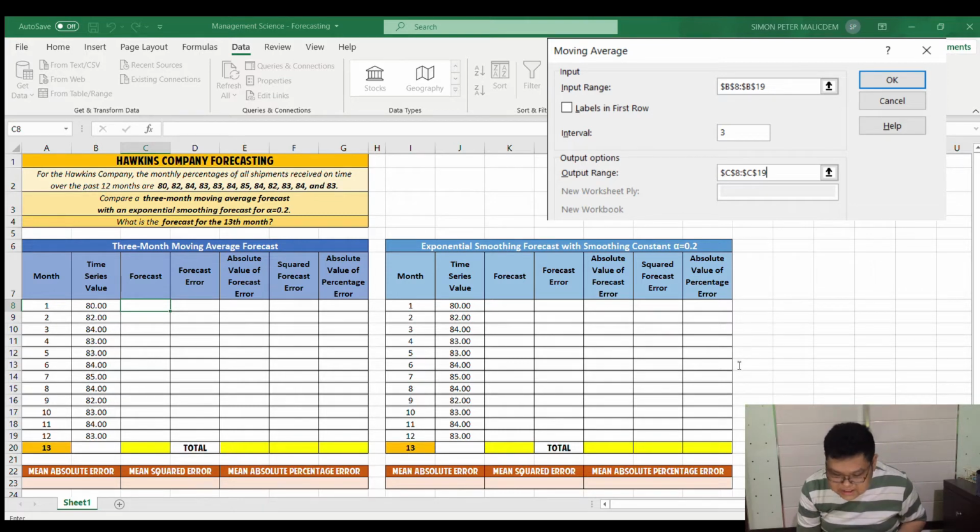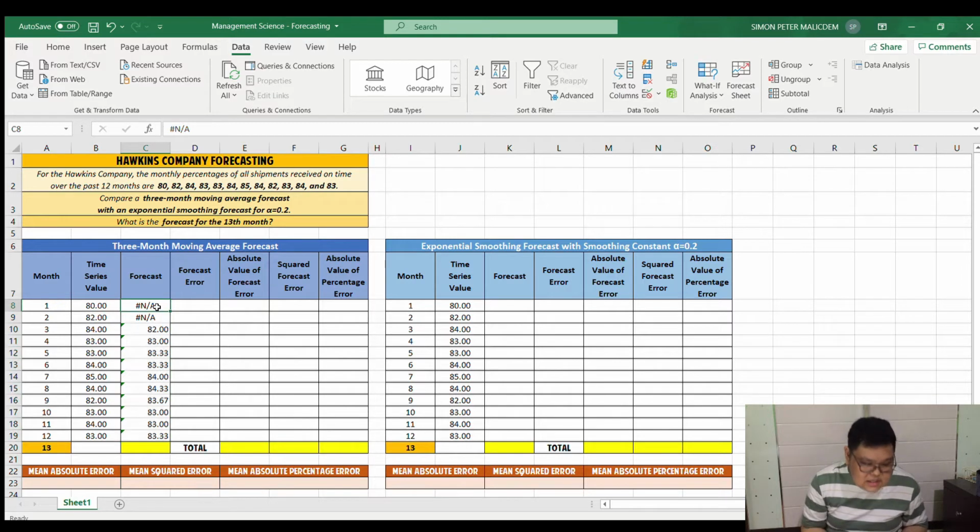For the output range, we're going to start with the second month, not the first month. Why not the first month? I would be showing you the output when we start with the first month. Okay. So first to 12. Click OK.